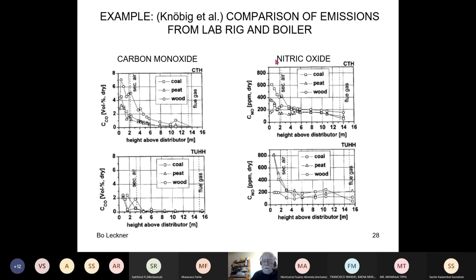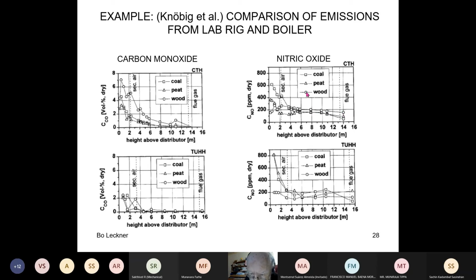Then we investigated also the nitric oxide, NO, and we found that for coal, which contains more nitrogen than the other fuels, we had a high concentration in the bottom, and then it falls because it is reduced by char, for instance, in the reactor, and it has a certain concentration at the exit.